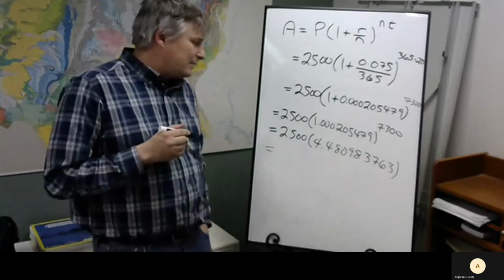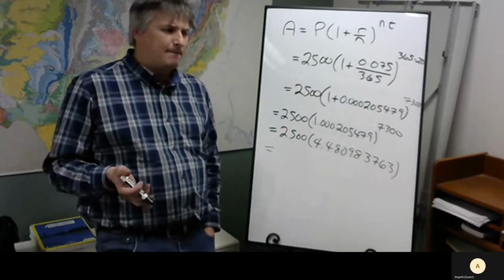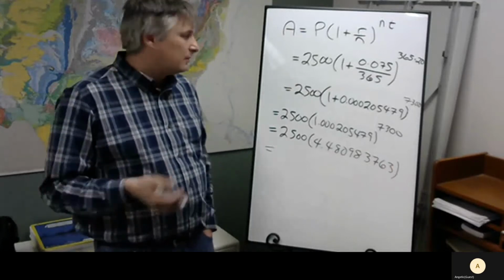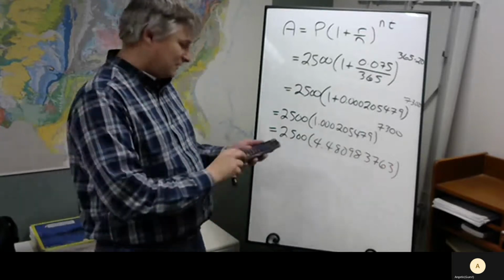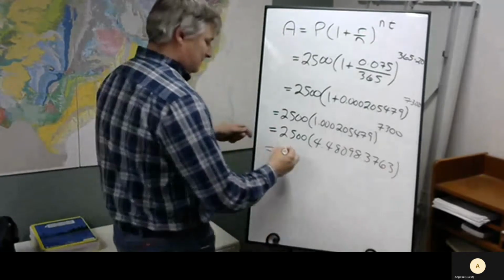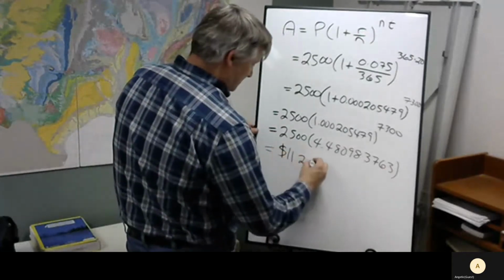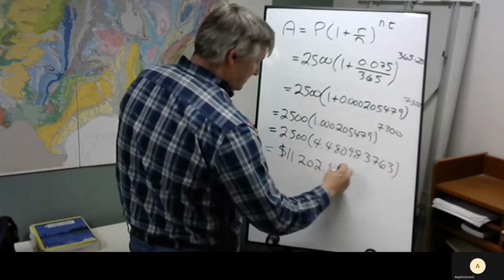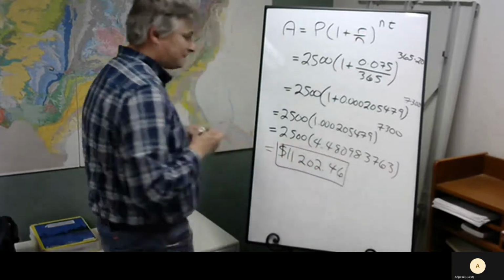There will be a time in the next chapter where we will do some rounding in the middle of the problem. But there's a special case for that. But for this, use as many digits as you can. So multiply by 2500. And this isn't bad. And with money, we're going to round to the nearest hundredth. That's going to be our answer.